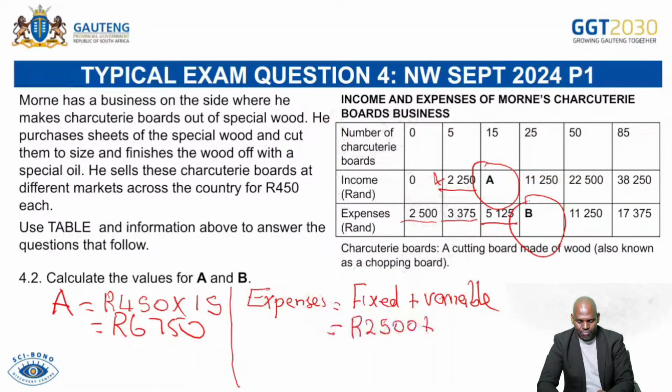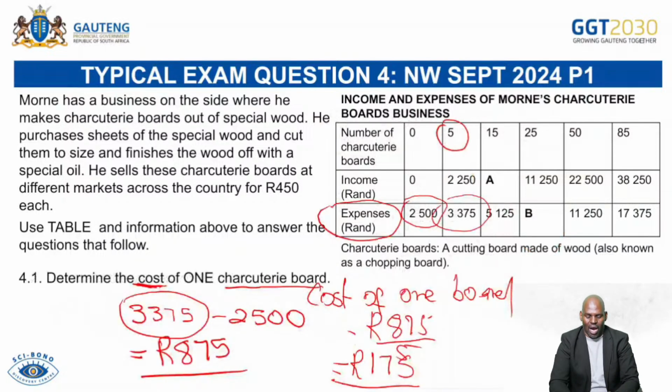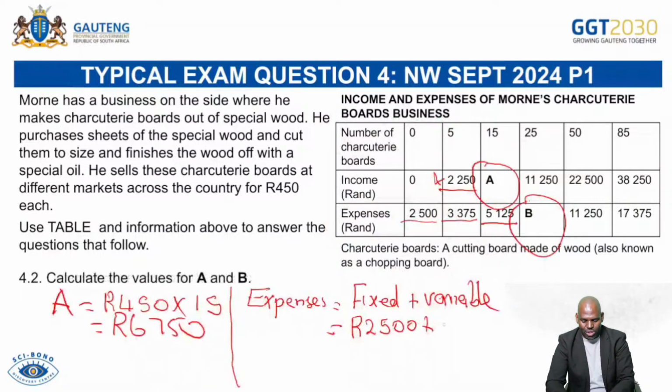Plus, okay, 2,500. Then for this one, for 2,500, then we say variable. What is the cost of one board? How much does one board cost us? We have already calculated that in the previous question. Remember that 175 rand. Now we say 175 rand multiplied by 25.